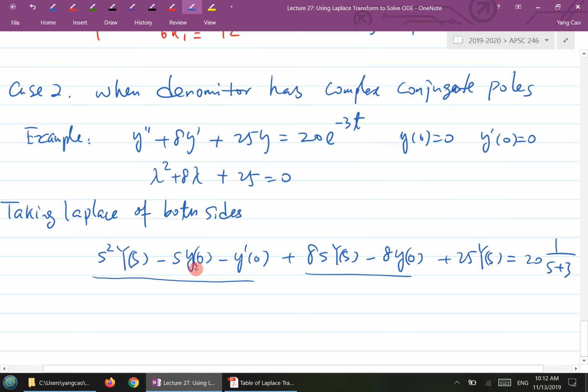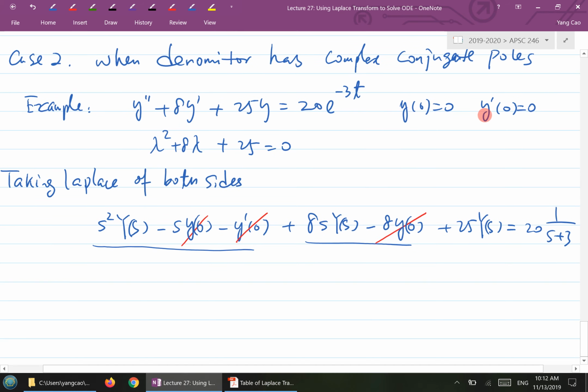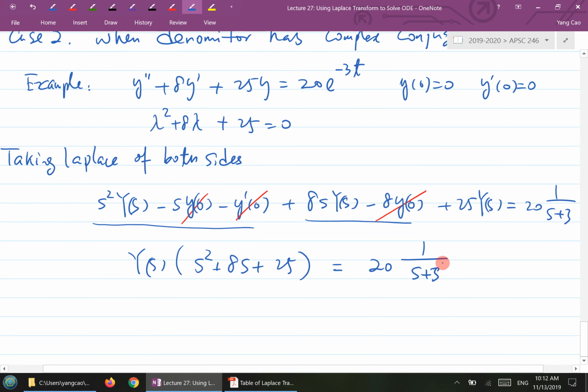Now because initial conditions are all 0, I don't have those terms, and I will have only Y of s terms here. So we can put the Y of s terms together. Okay, so you get this.